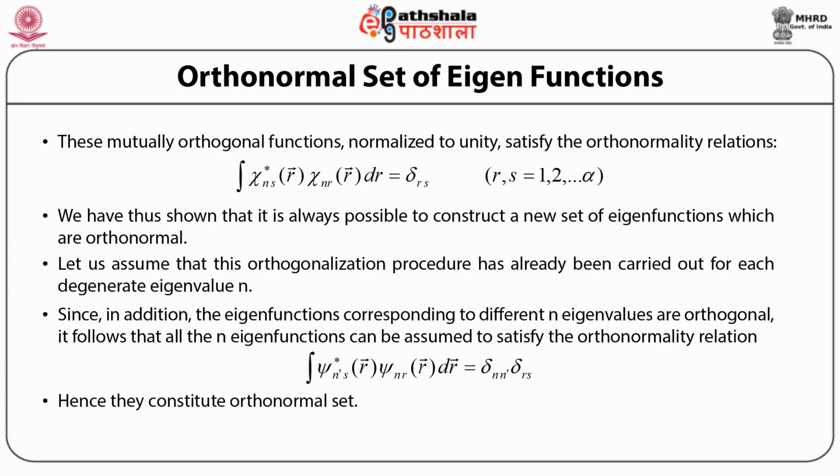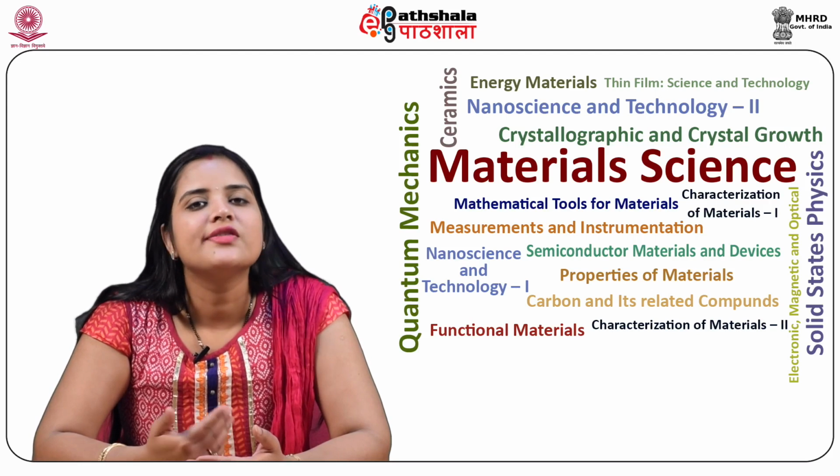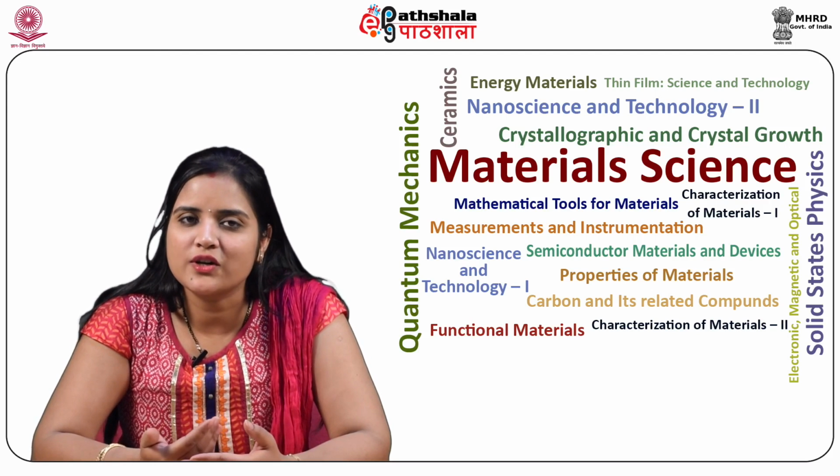Hence, they constitute an orthonormal set. Expressed alternatively, it may be referred to as the scalar product of ψ_m and ψ_n is equal to δ_mn. We next discuss the complete set of eigenfunctions.